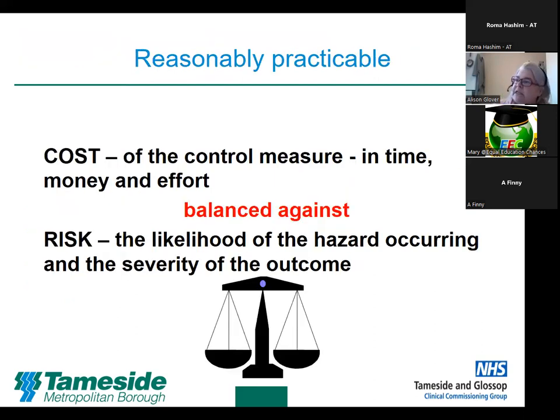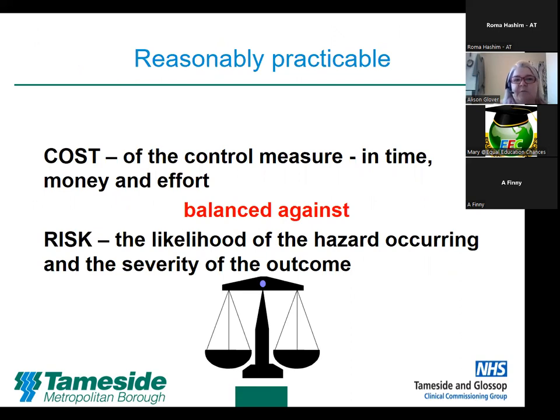So just to explain, so far as is reasonably practicable. Reasonably practicable is about balancing the cost of any control measure that you're going to put in place. And we're looking at cost in terms not only of money, but also the time it would take to implement and the effort it would take to implement.